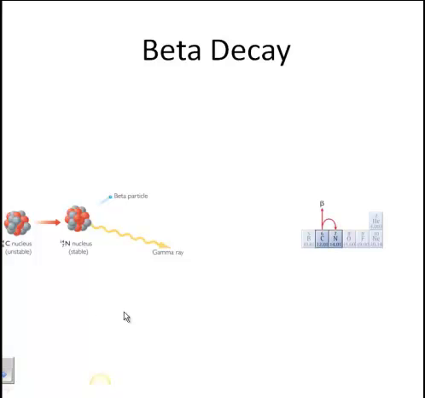The beta decay, however, causes one to jump forward on the periodic table 1 space. So carbon, if it gives up a beta particle, it actually becomes nitrogen, as it gains a proton from the decaying nucleus.